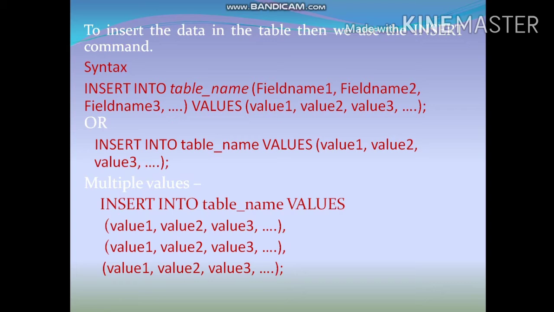Suppose you want to enter more than one record, then you can use insert into table name values. First bracket, this is the first row, that is value 1, value 2, value 3, that means field 1, field 2, field 3, then comma, second record, value 1, again same, third value 1, value 2, value 3, then at last you put a semicolon.